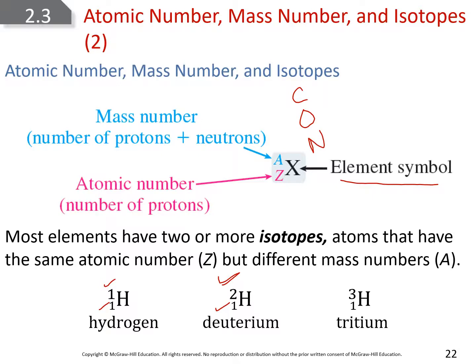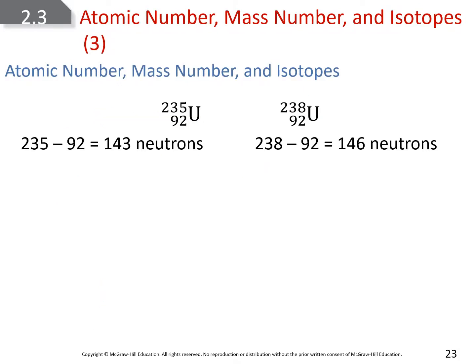Tritium has 2 neutrons and 1 proton. When you're finding how much of each thing is present, you can say, okay, this is protons plus neutrons, and this is just protons. So how do we figure out how many neutrons are present? Simple subtraction. That's how we solve for the neutrons.